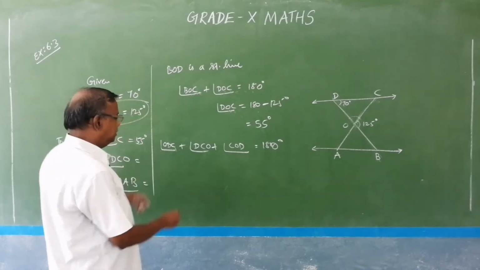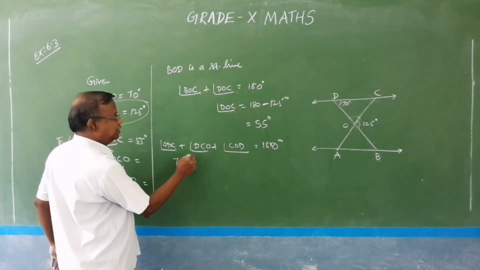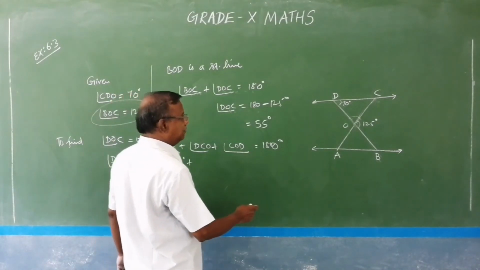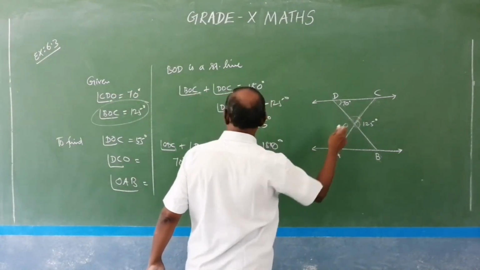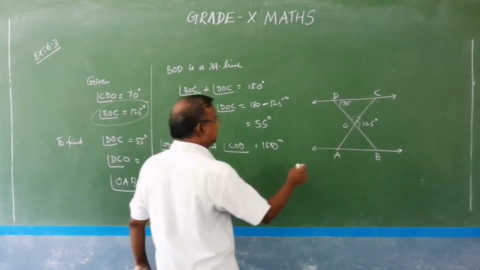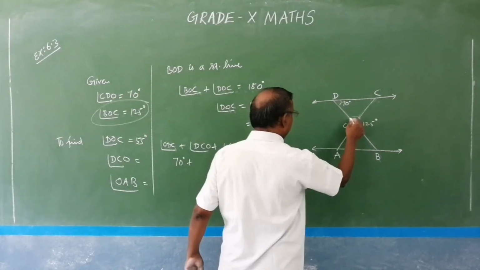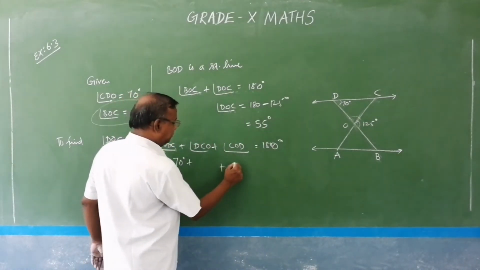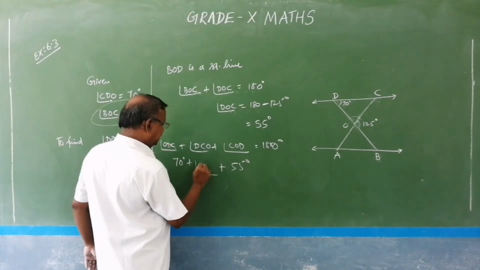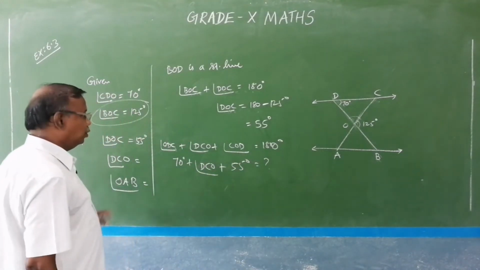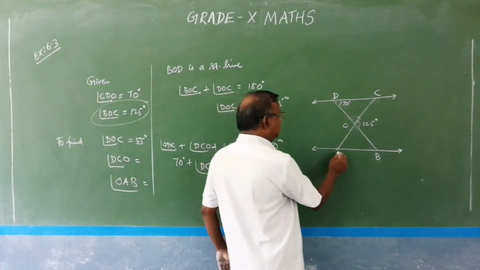We know ODC equals 70 degrees, DCO is unknown, and COD we know equals 55 degrees. DOC or COD, both are correct. So we need to find DCO. So find the value.